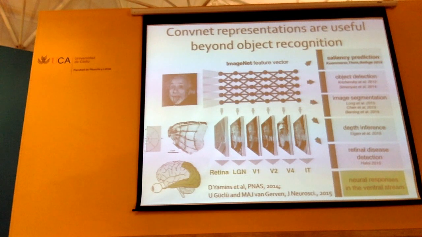So the best features that we have at the moment to predict neural responses in the visual pathway, in particular in upper regions, are those obtained from neural networks that perform the best on ImageNet. So there's a correlation between how well performance-optimized networks perform on ImageNet and how well they perform in predicting neural responses.